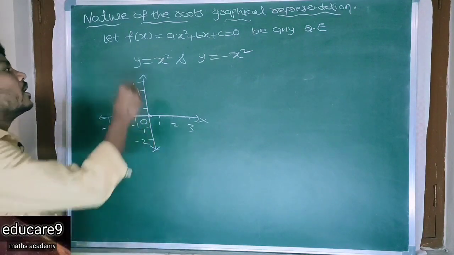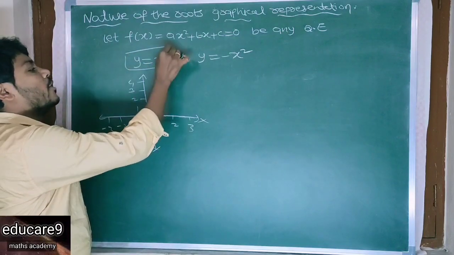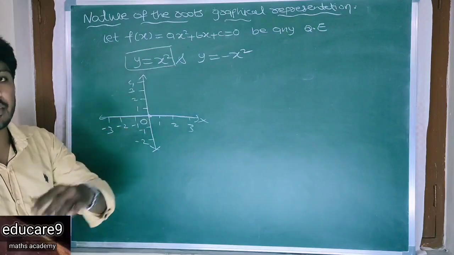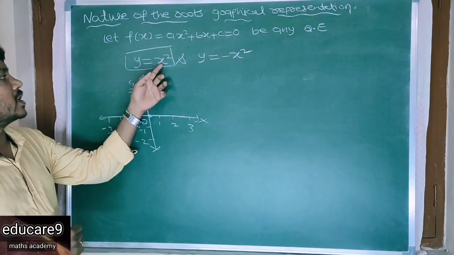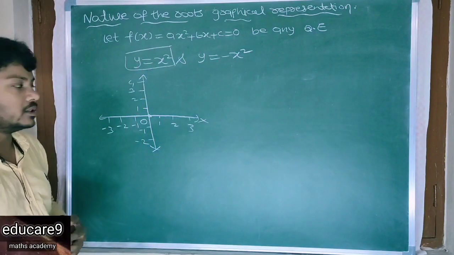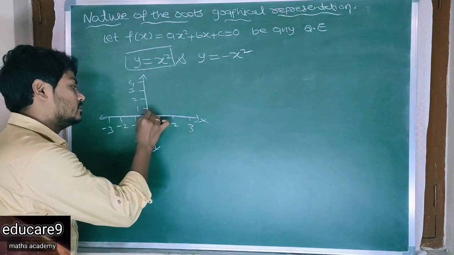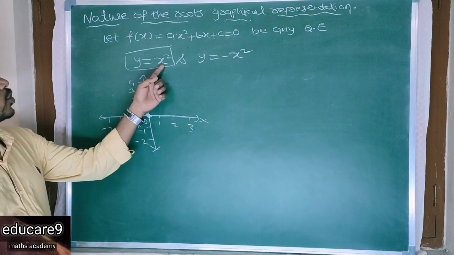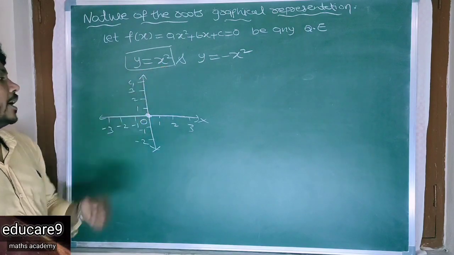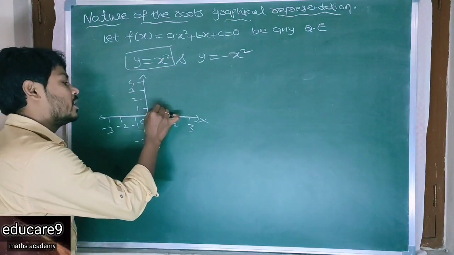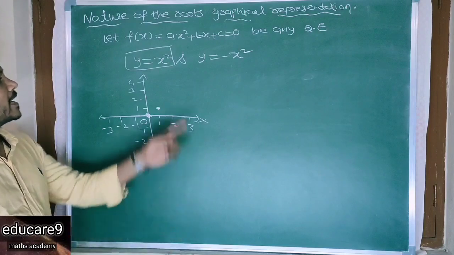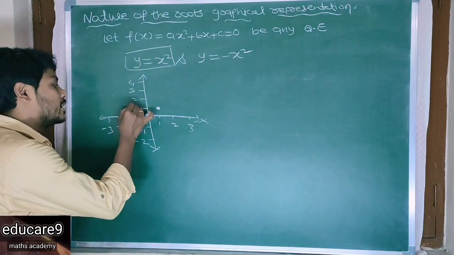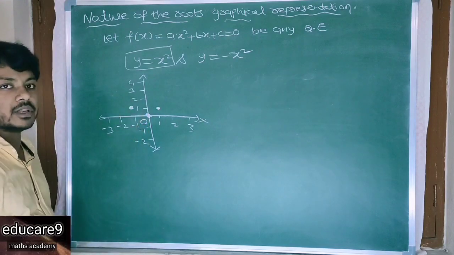Now first draw the graph of y = x². Here the x² coefficient is positive. If x = 0, y is also 0, so this is the point (0, 0). If x = 1, y is also 1, so that is the point (1, 1).